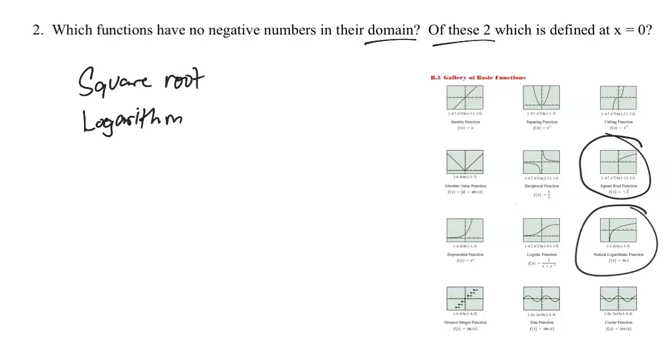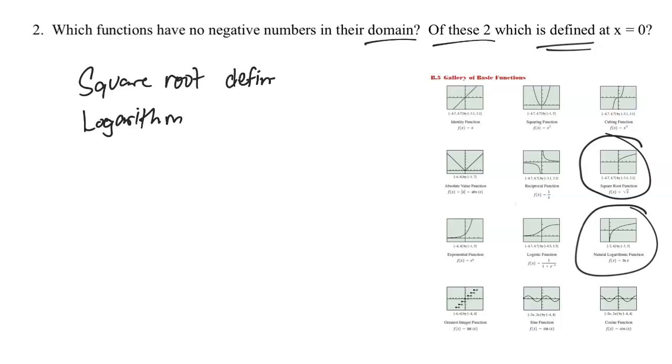Okay, now of those 2, which of them is defined at x equals 0? So what that means when we say defined is that it's in the domain or that there is actually a point at x is equal to 0. So if you look at the graph of the square root function, is there actually a point at x is equal to 0? And the answer to that is yes.